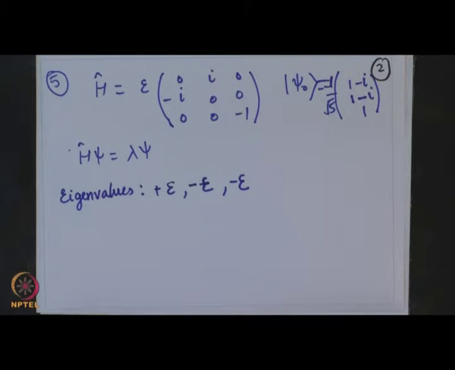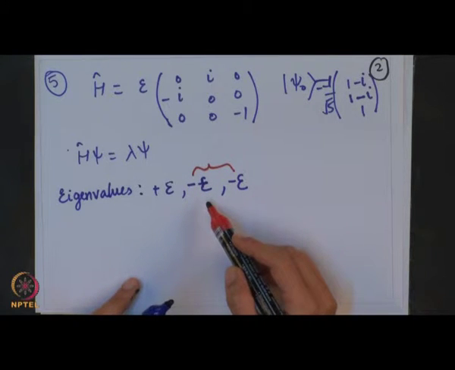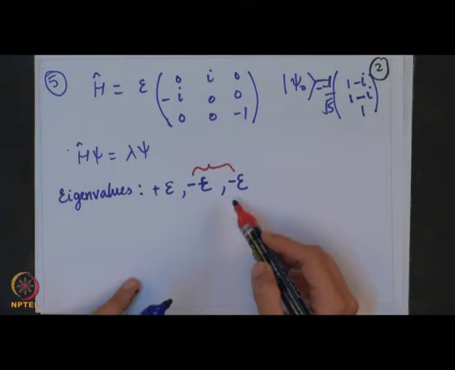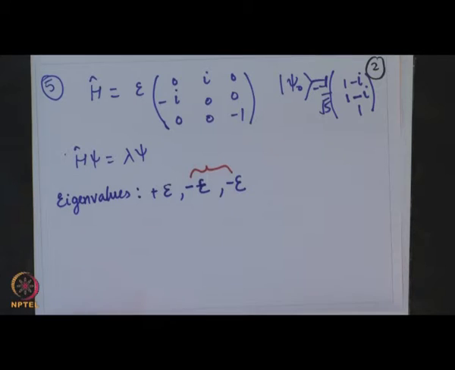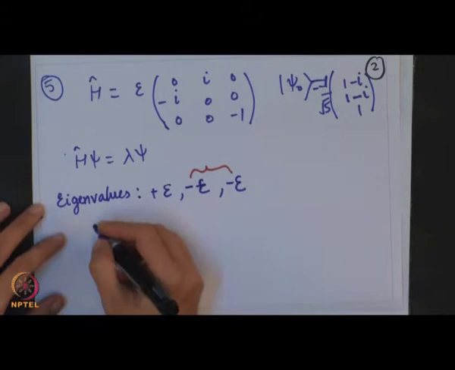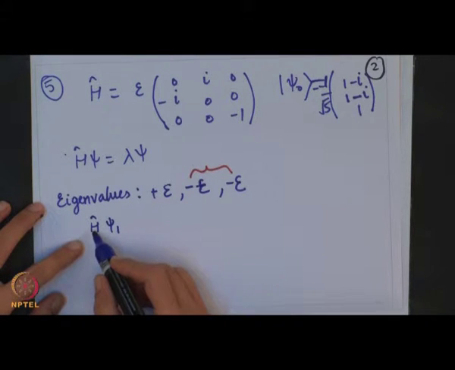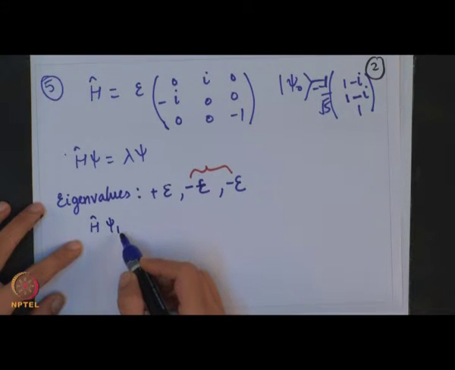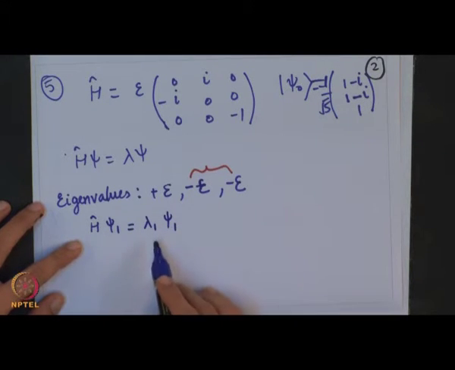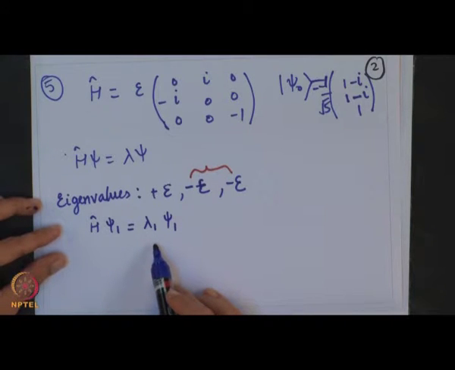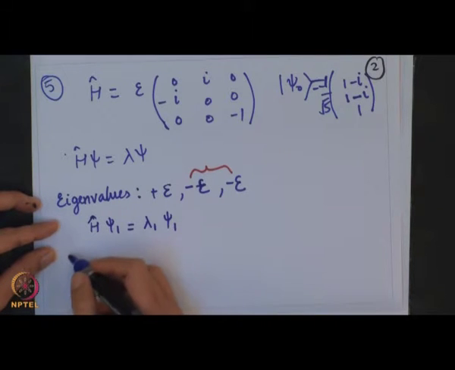So, what would this mean? That there are 2 eigenvalues which are minus epsilon. So, you have a degenerate state. Let us go to this operator. H operated on the eigenvector psi 1 will give me the eigenvalue lambda 1, and it is not difficult.